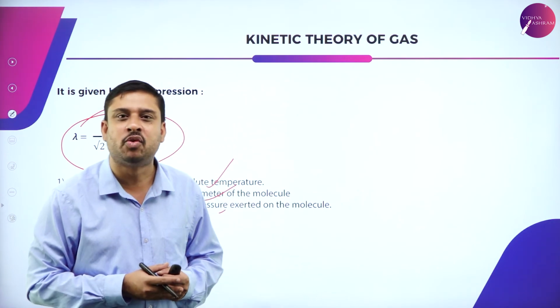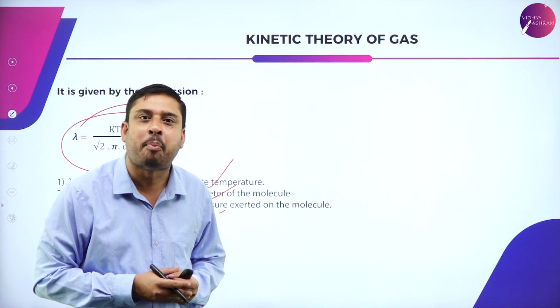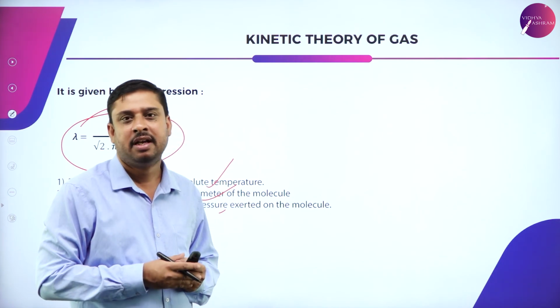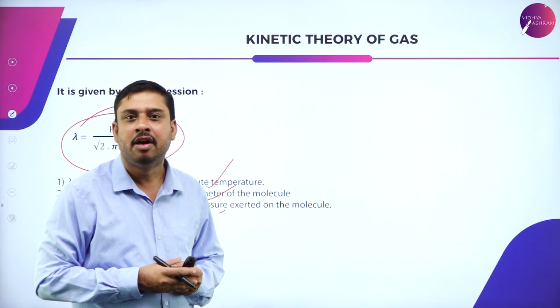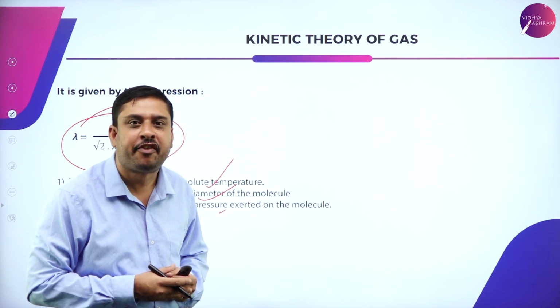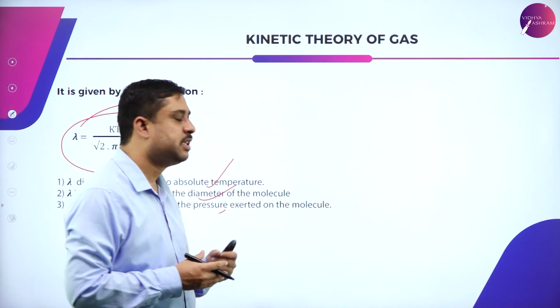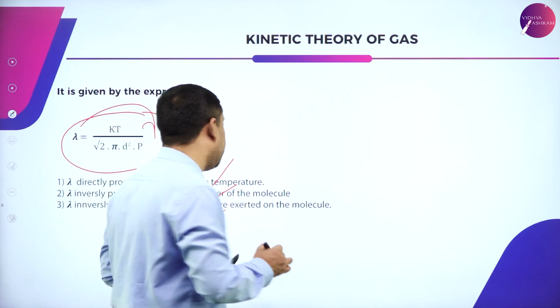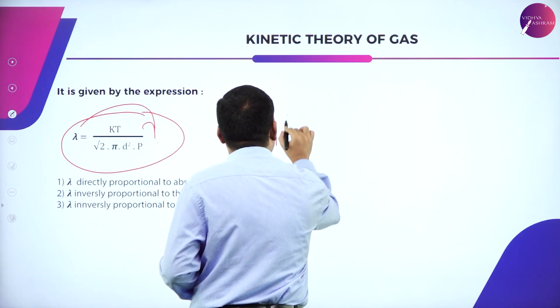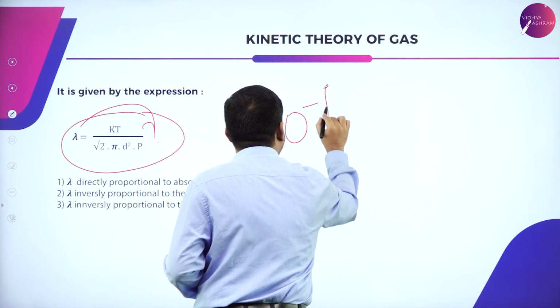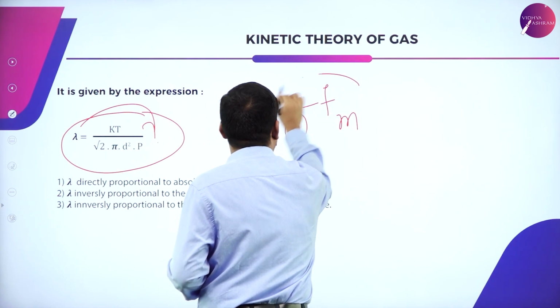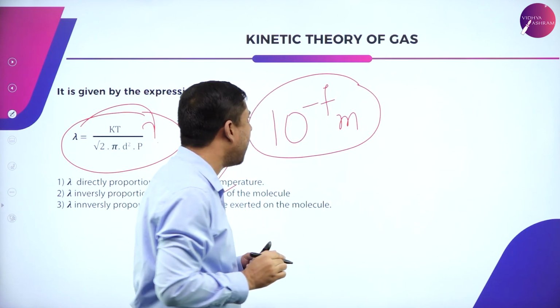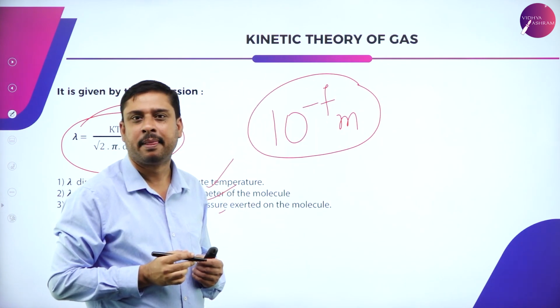So dear students, today we studied the postulates of kinetic theory, the concept of mean free path and the given expression. Please understand that the order of mean free path for any gas molecule is 10 power minus 7 meter.